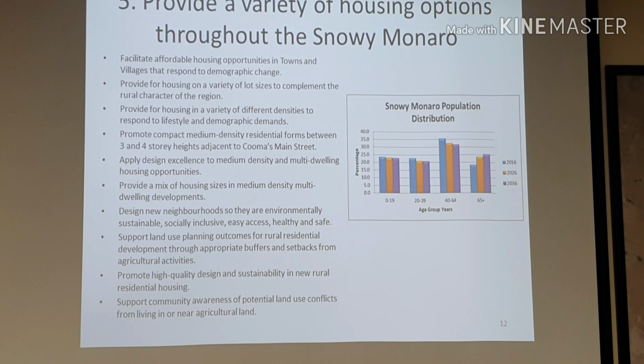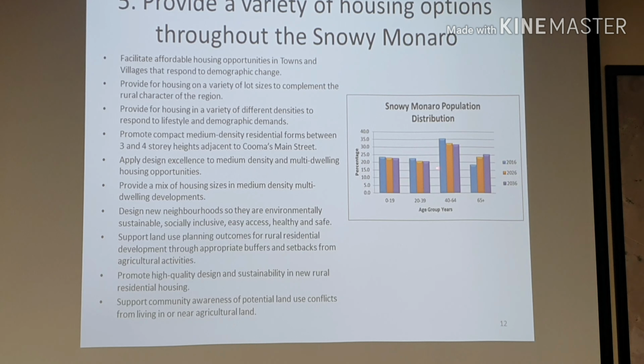So planning priority 5 is provide a variety of housing options throughout the Snowy Monaro, and this is really to respond to changing demands in housing. So as you can see in this graph, it's likely that our population is going to increase in terms of average age by 2036.